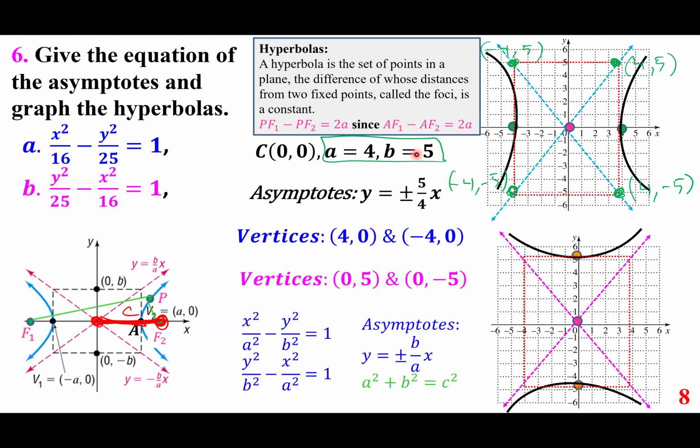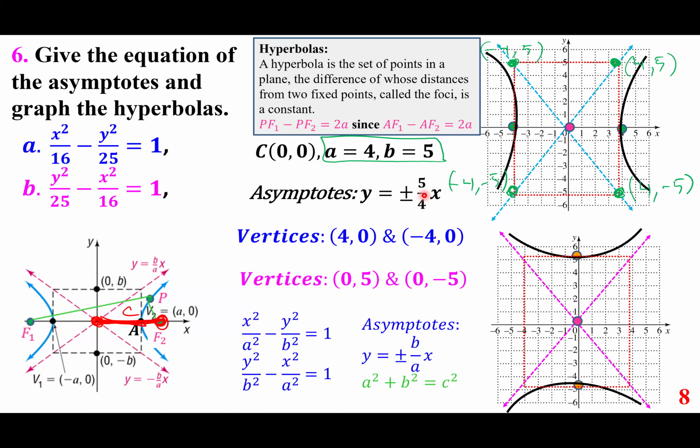So a quick recap, everybody. A is x squared over 16 minus y squared over 25 equals 1. B is y squared over 25 minus x squared over 16 equals 1. Both of them are hyperbolas, and they have the same center, the same value for A and B, the same equation for asymptotes.